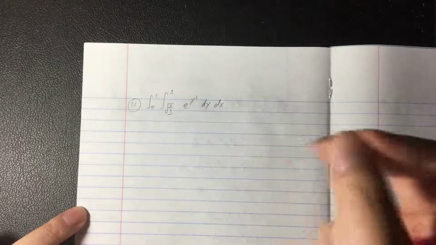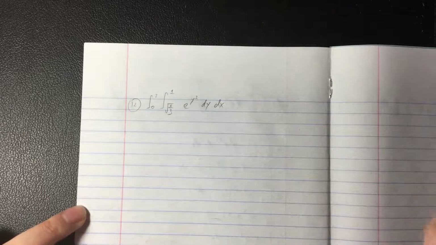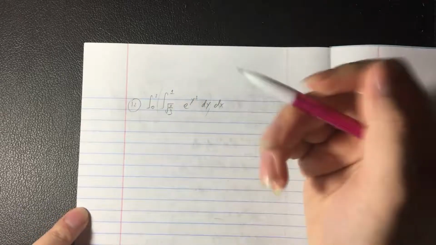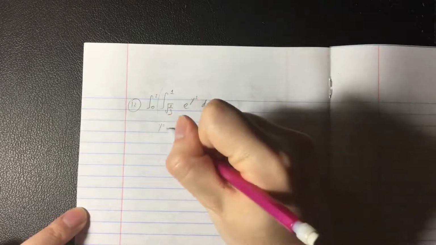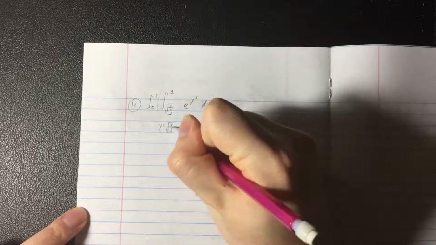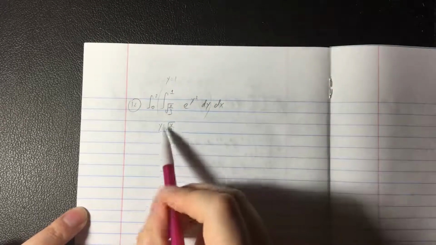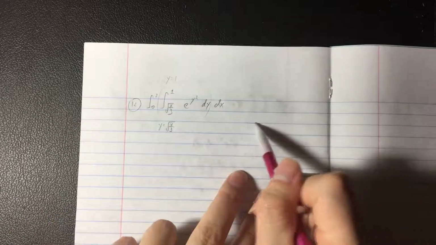In order to switch the order for x and y, let's draw the region R first. The lower bound is y equal to radical x over 3. The upper bound is y equal to 1. So that's the lower curve, that's the upper curve. Let's draw both curves first.